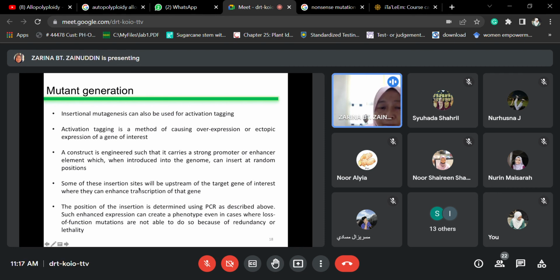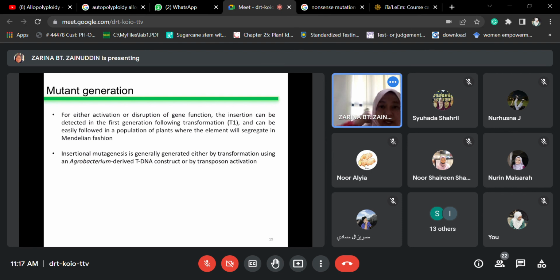Again, the position of the insertion can be determined using PCR. Enhanced expression can create a phenotype even in cases where loss of function mutations are not able to do so, because of redundancy or lethality. Sometimes mutation causes lethality, the plant dies, so you cannot study its function.